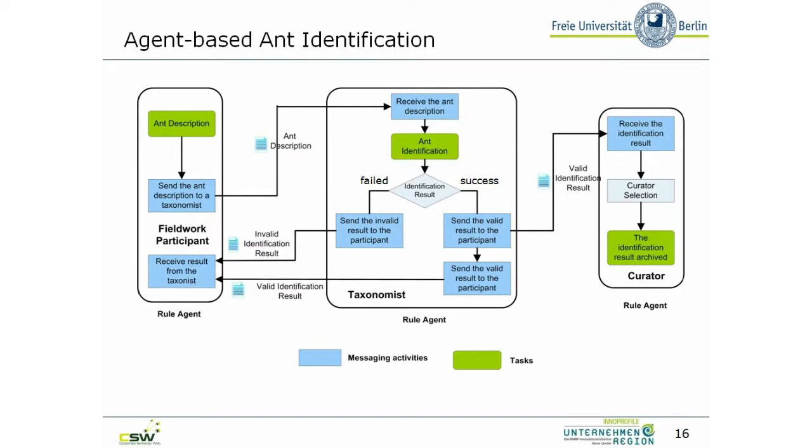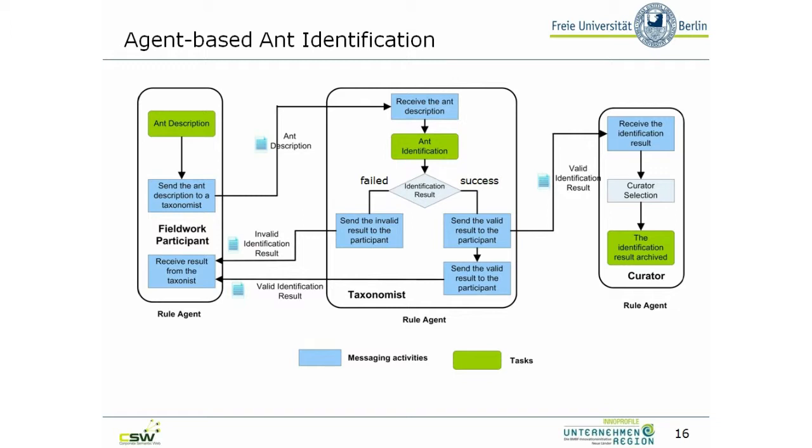So here is a more detailed example used to identify various ants from all over the world. Actually, this example is derived from the use case I mentioned before, and the 3 actors are here.